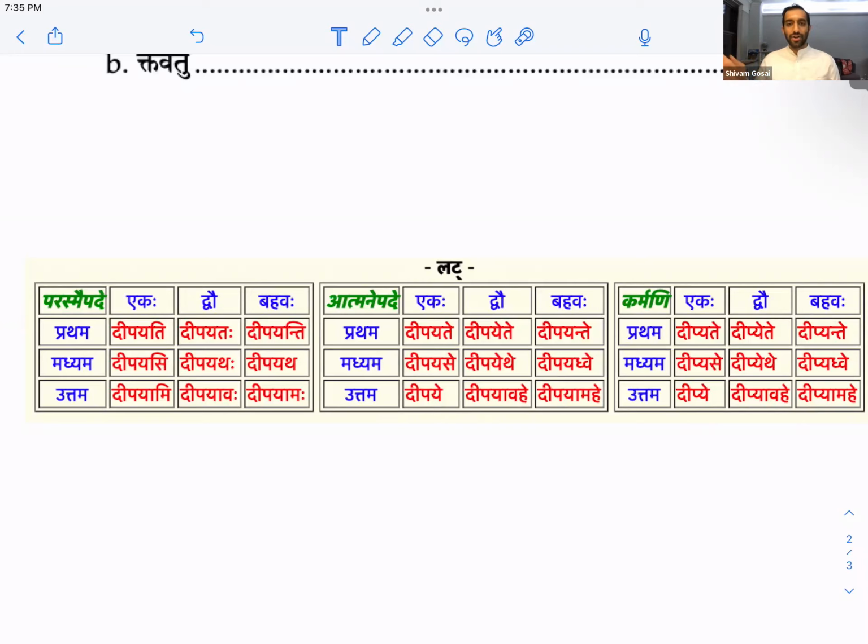It doesn't really matter what gana it is, even if it's fourth gana or sixth gana, when we derive the new dhatu, for example by adding nich, it's always going to be first gana. So that's just something to note that came up in our last class. I wanted to follow through.